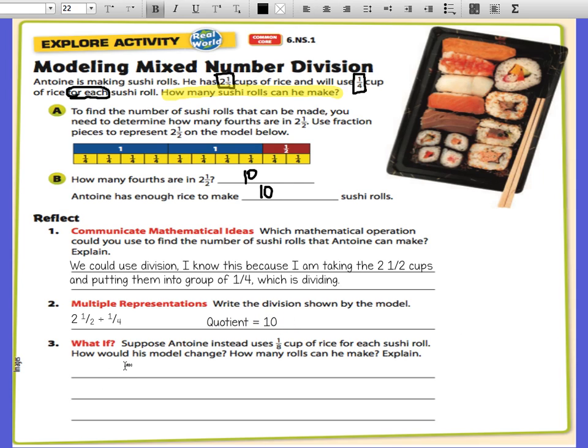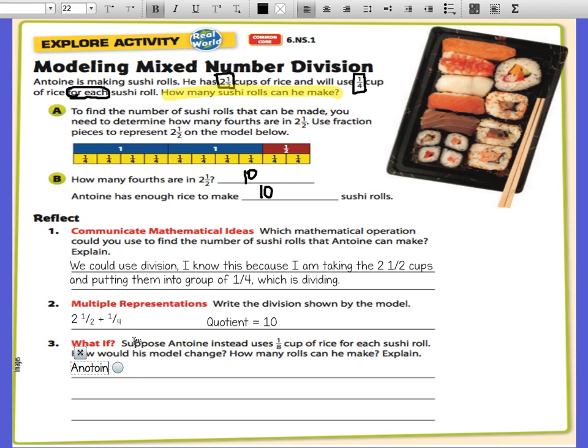So suppose Antoinette instead uses 1/8 of a cup of rice for each sushi roll. How would this model change, and how many could she make? Think about it. Is the amount that she starts with, the 2.5 cups, going to change? No. What's changing is how many she puts in each group. Oh, I'm sorry, it's Antoine. I don't know why I kept saying Antoinette.